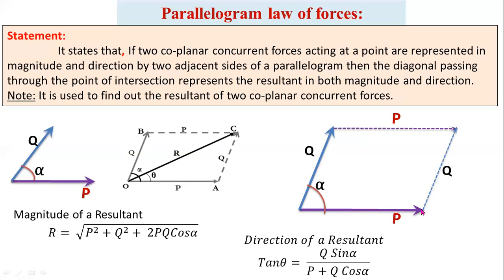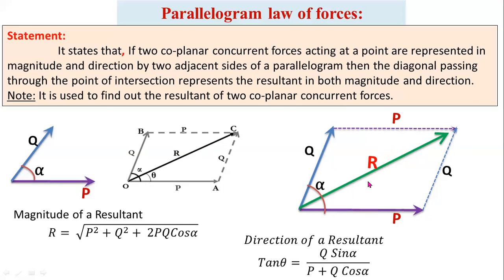Here also the angle between the horizontal plane and force Q is alpha. Now by joining these two corners, you get the resultant. According to the statement, this diagonal line indicates the resultant of the two forces.